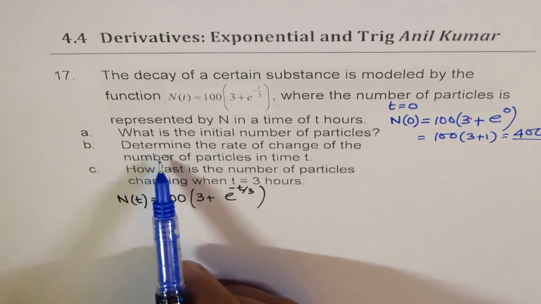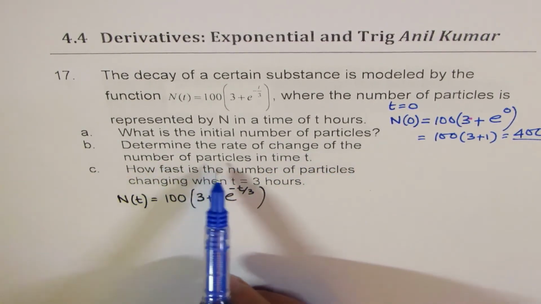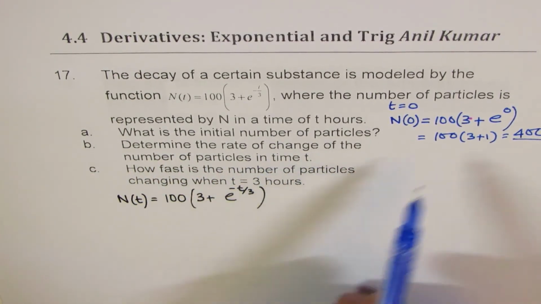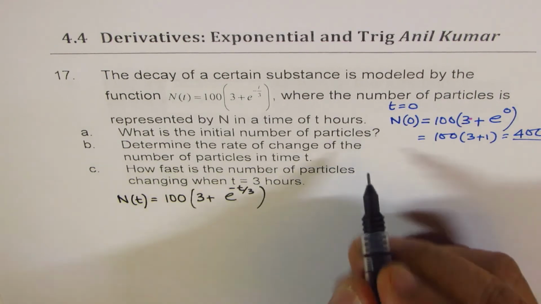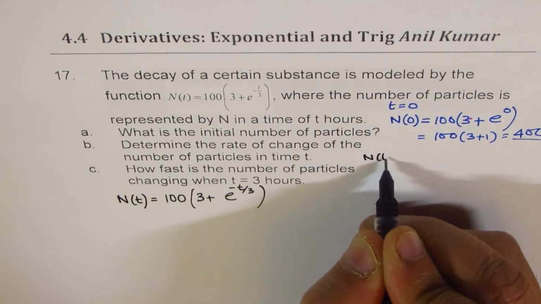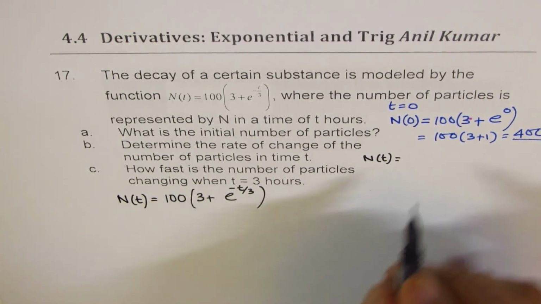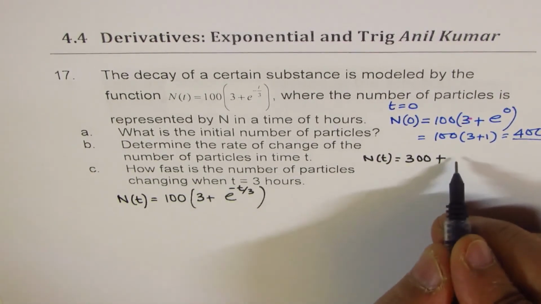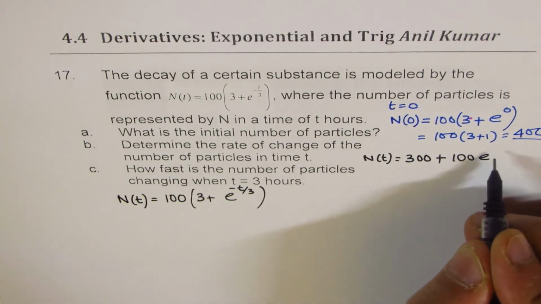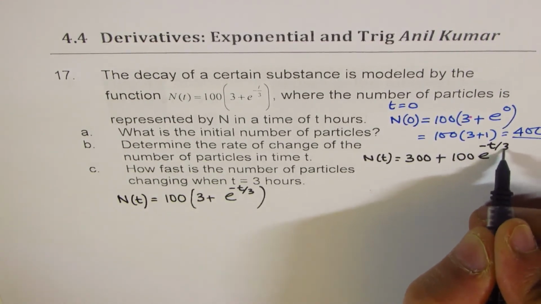Part B. Determine the rate of change of the number of particles in time t. So we need to find the derivative of this function. I prefer to write this function as n of t equals 300 plus 100 times e to the power of minus t over 3, right?